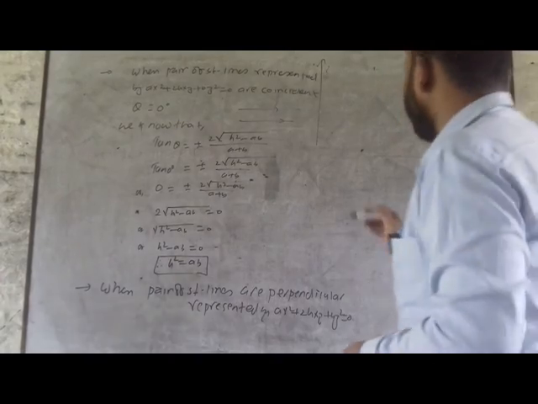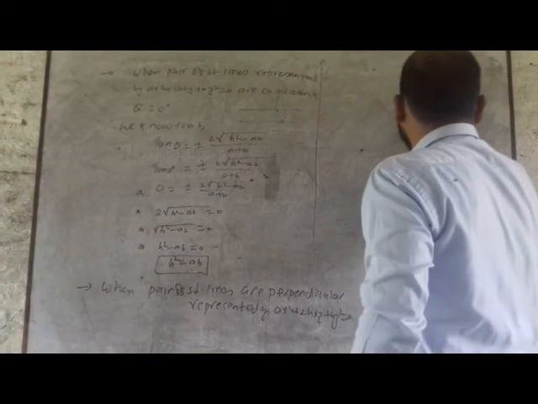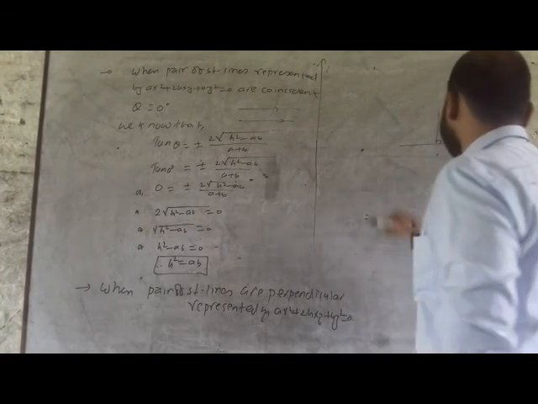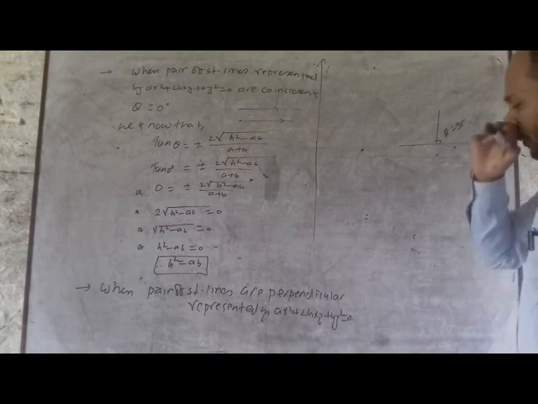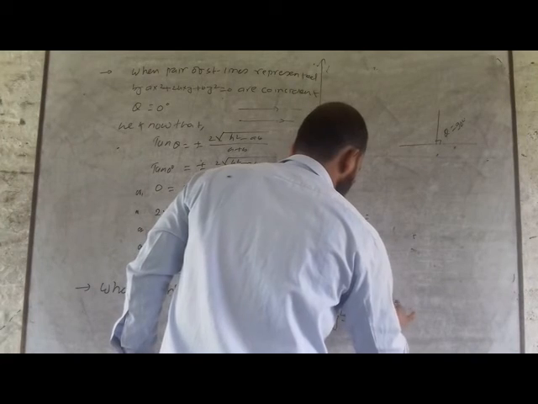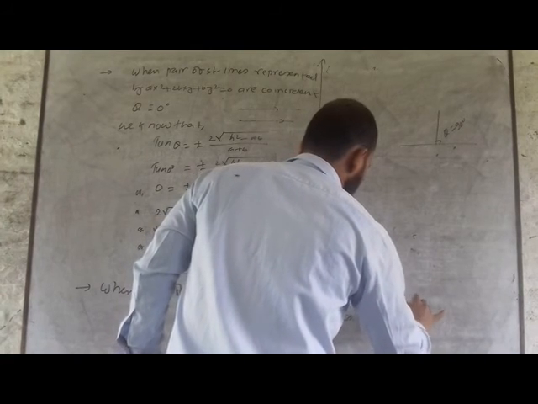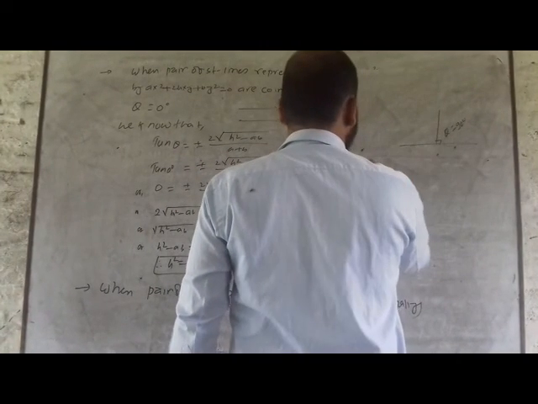Now I am going to find it. When the pair of lines are perpendicular, in this condition theta is equal to 90 degree. Perpendicular is also called orthogonal. Then in this condition we have theta is equal to 90 degree.